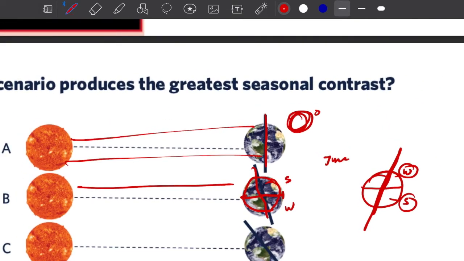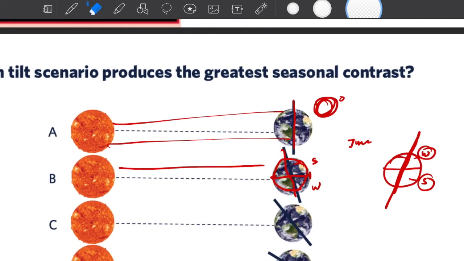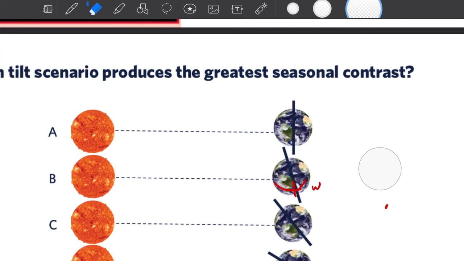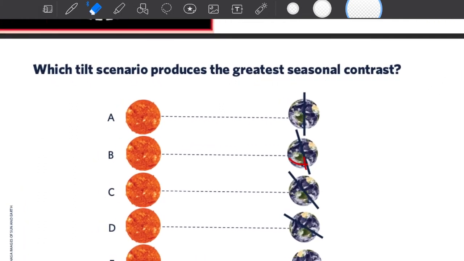It's the tilt direction which matters. Okay, now ये question actually obliquity से related है. Now it's your time. You tell me which of the following has greatest seasonal contrast. We have different tilts. Okay, you tell me A, B, C, D, E.